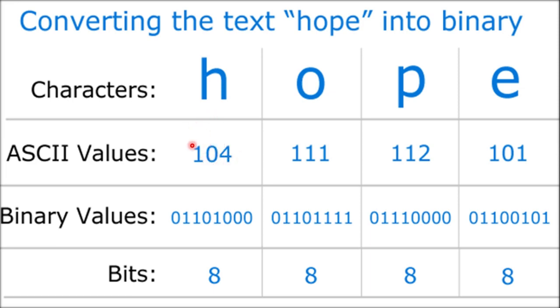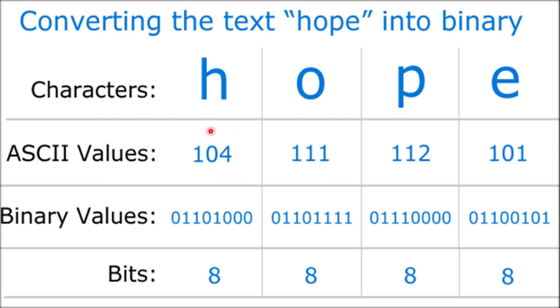Consider 104. This is the equivalent ASCII code of small letter H, because the ASCII code of small letters starts from 97. So here when H comes it will be 104.